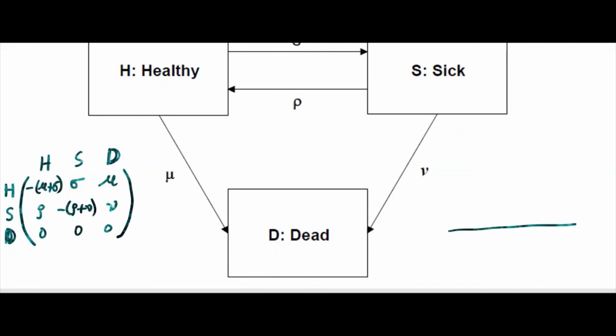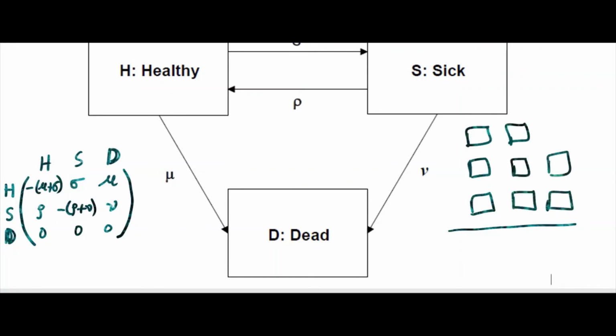That means, suppose we are talking about people, they are dying each day due to different problems. So suppose 10 are here in the dead state. Now what we are saying is, what is the rate of change from here to here?